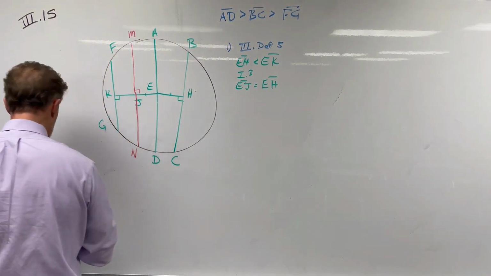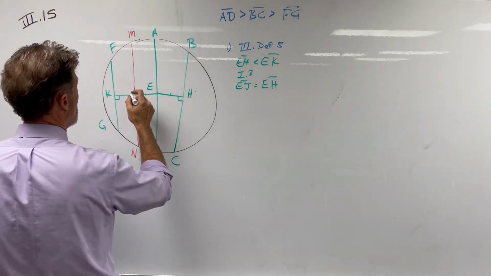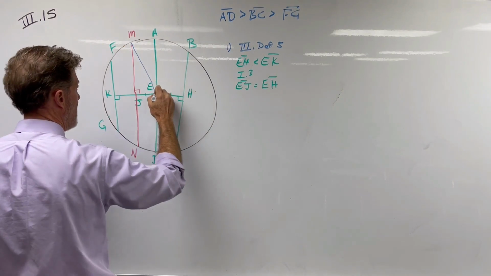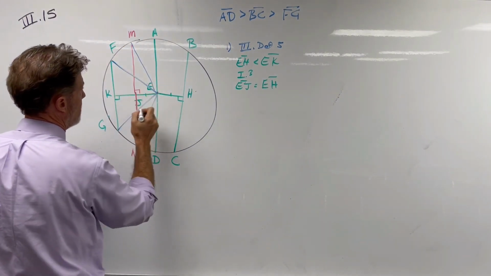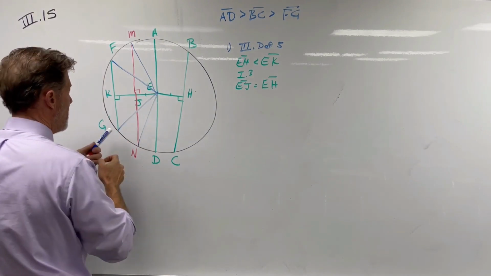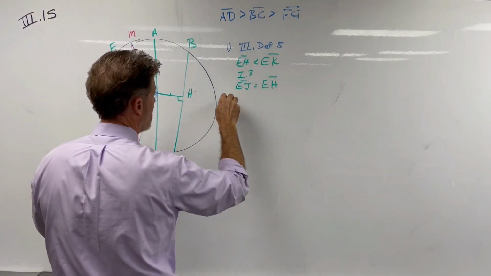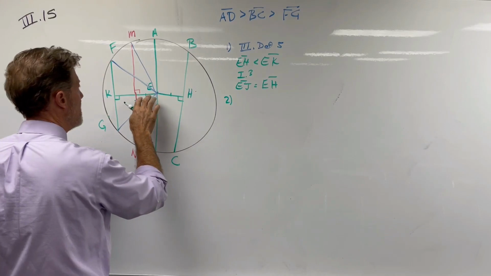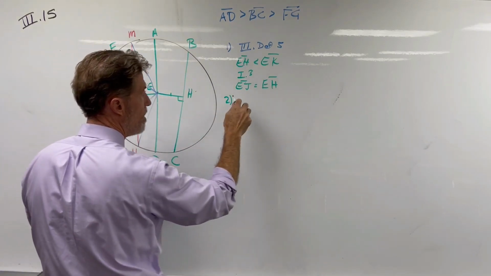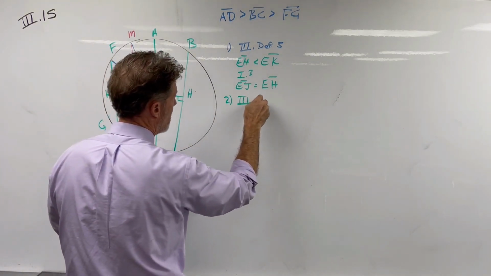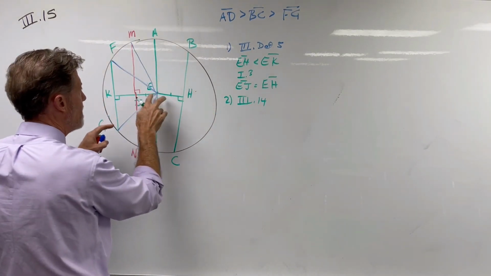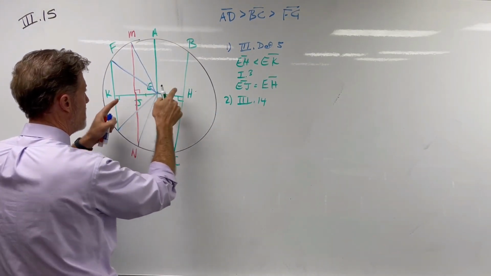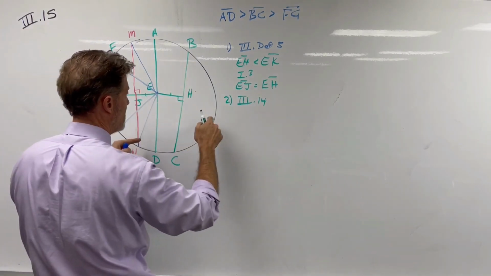So now we're going to connect some points here. We're going to connect ME and NE and GE and FE. The first thing we want to point out here is, since this is equal to this, we know from book 3, prop 14, the previous prop, that if the perpendicular is the same to any two lines, then the lines are the same.